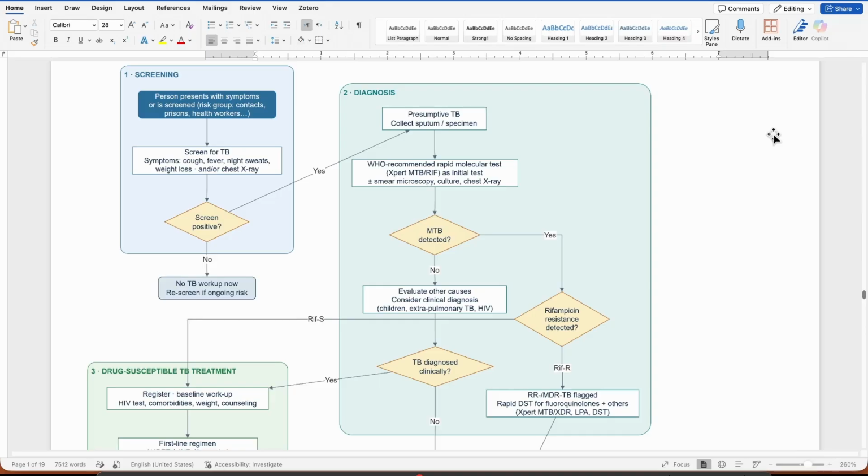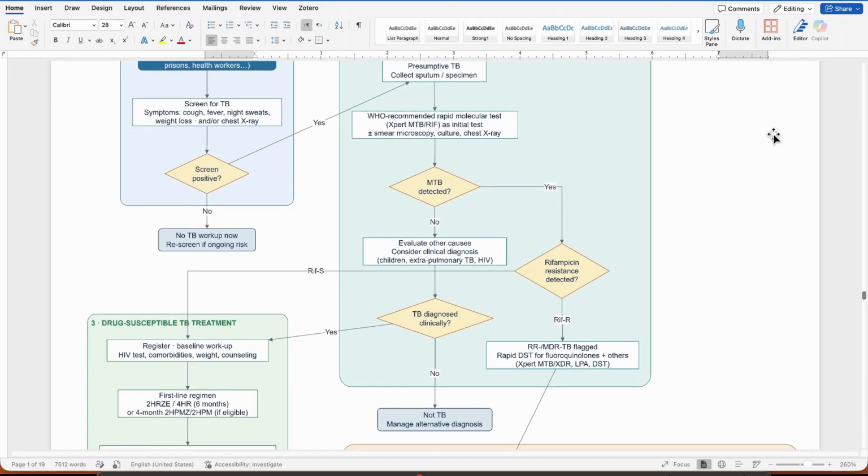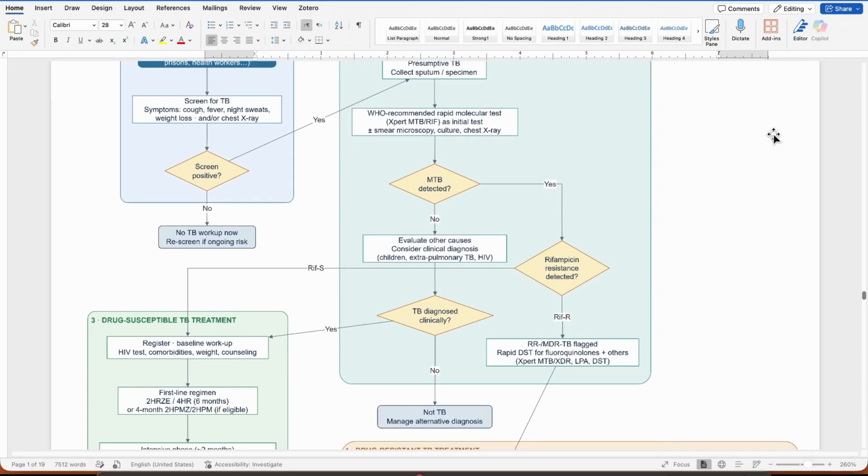So gene expert test tells you this. Then there's culture test. Culture test tells you a whole range of drugs against which the bacteria may be responding or not responding. So this all falls into diagnosis: all of the tests performed to identify whether you have TB, or, if you have TB, what type of TB you have.